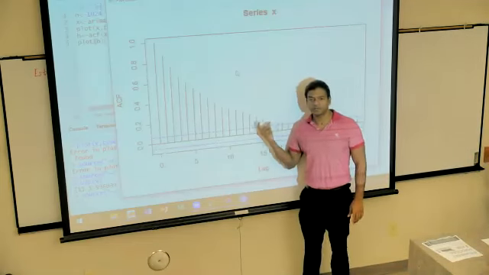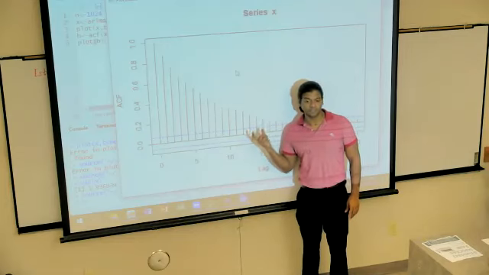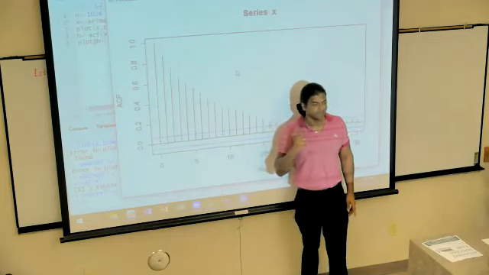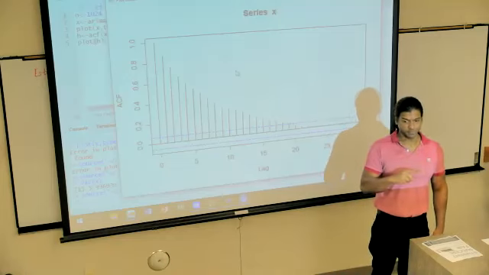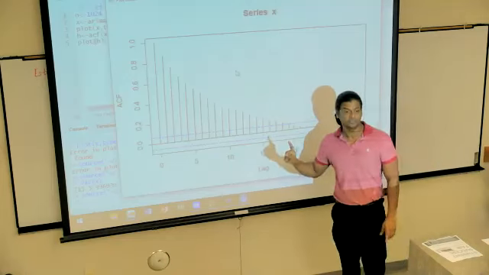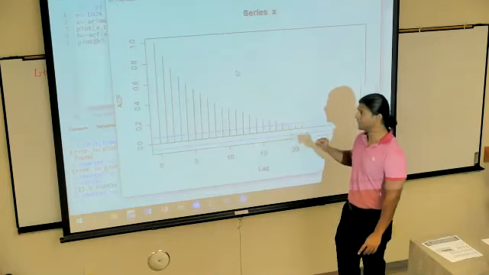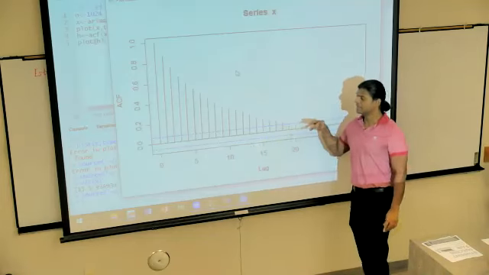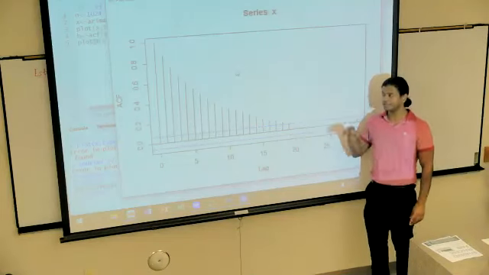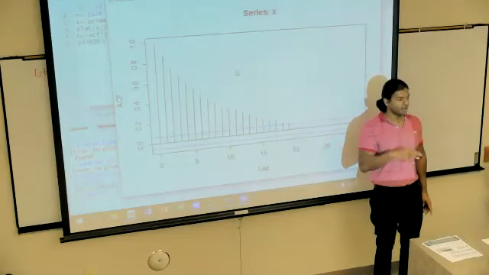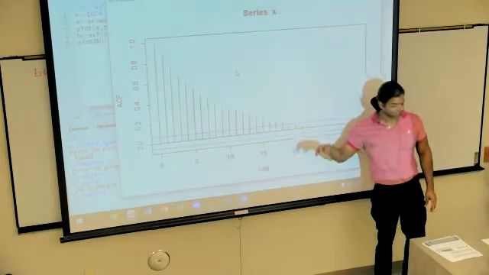An autocorrelation function plot is used to identify the order of a moving average model, not an autoregressive model. To determine the order of an autoregressive model, we are going to use something called a partial autocorrelation plot.